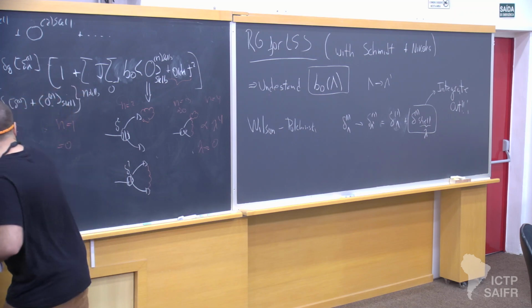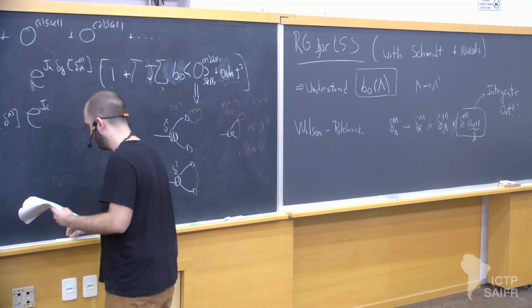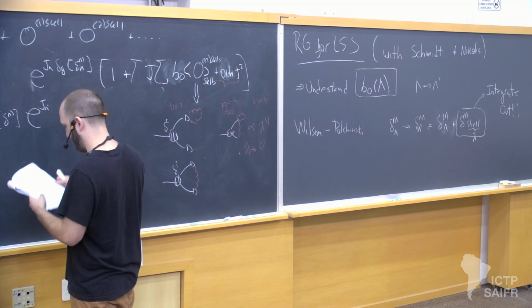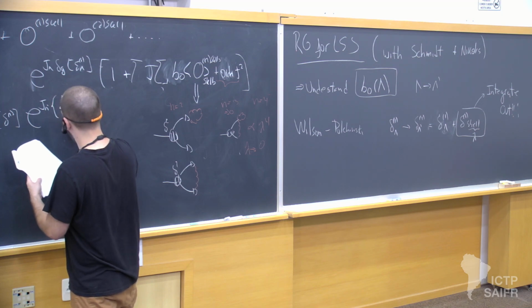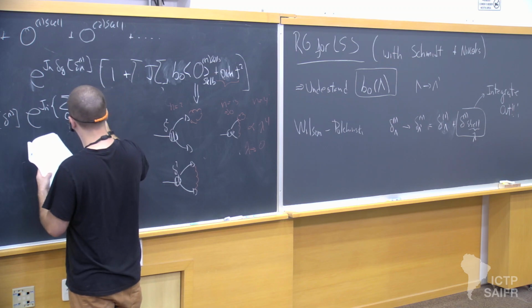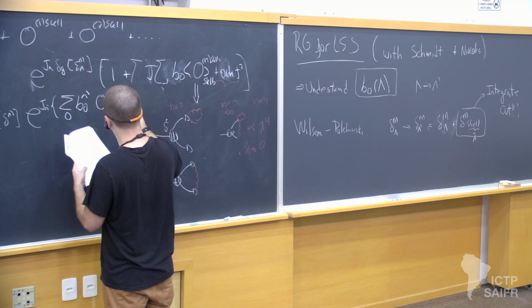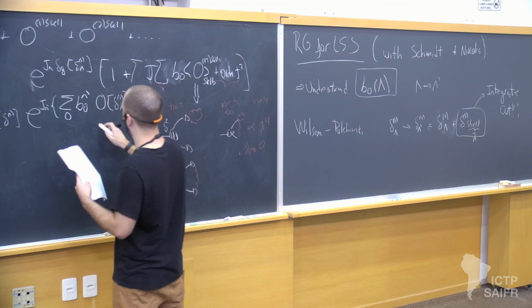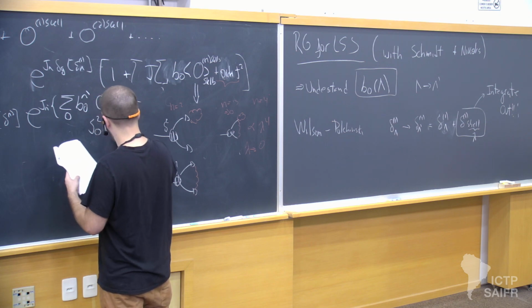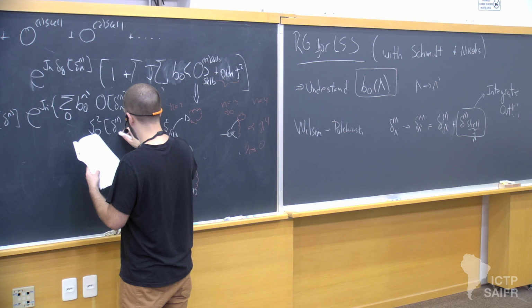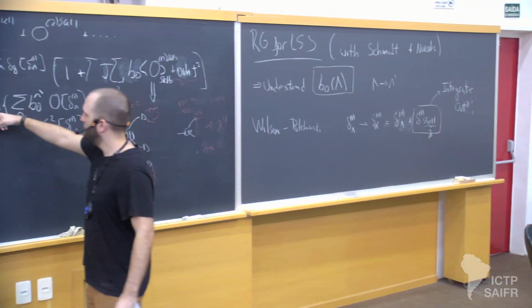Okay, so let me write this expression in a cleaner way. So it's going to be j of lambda prime.